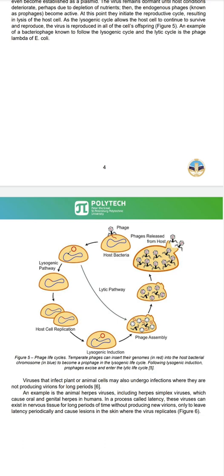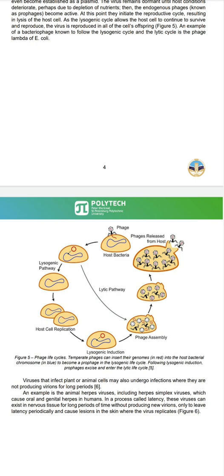Temperate phage can insert their genomes, in red, into the host bacteria's chromosome, in blue, to become a prophage in the lysogenic life cycle. Following lysogenic induction, the prophage exits and enters the life cycles.